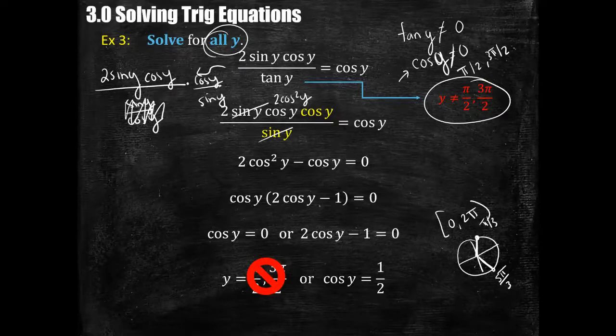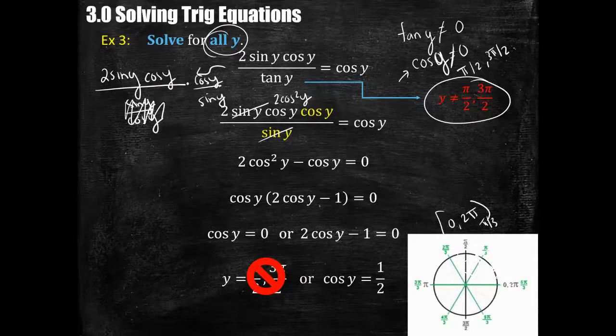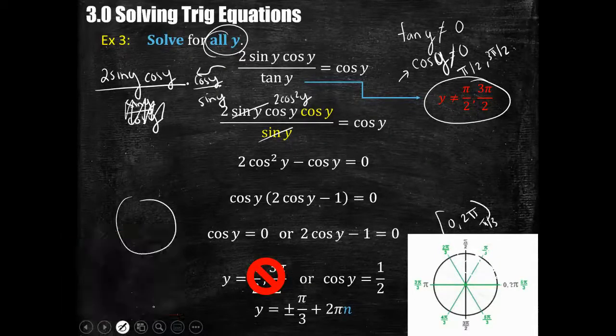And so I'm going to go ahead and do that by saying this, plus or minus pi over 3 plus 2 pi n, right? So what that does is, if I focus on this one over here with a new color, pi over 3, if I add 2 pi n, where n is an integer, right?